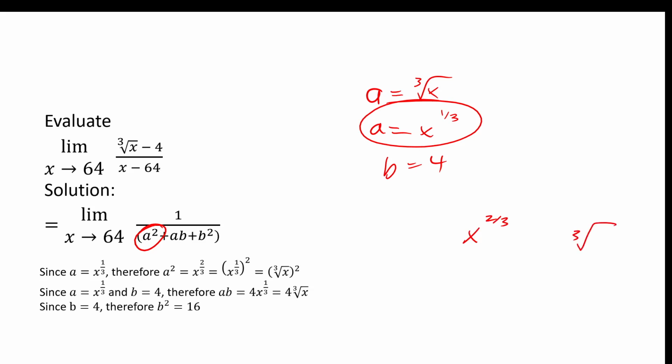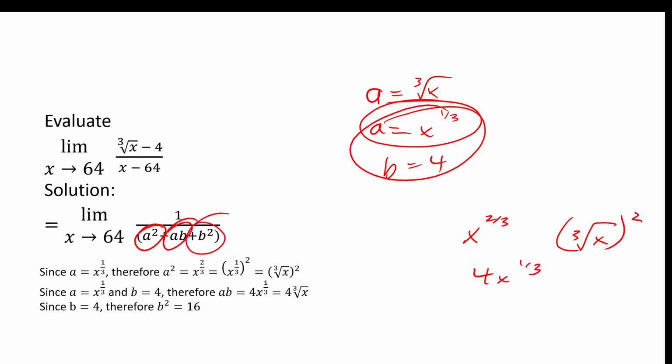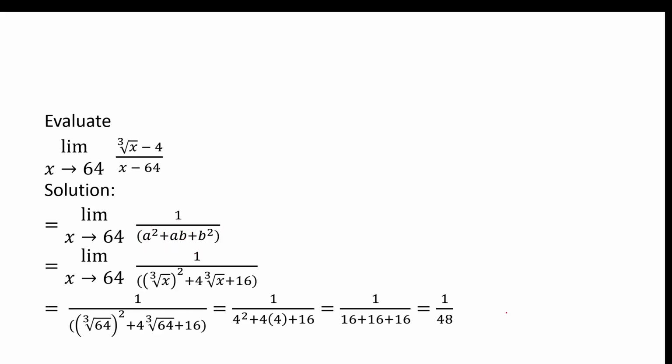Or, some people prefer to call it cube root of x quantity squared. ab, which is this middle term, that's going to be x to the 1/3 times 4. And b squared is going to be 4 squared, which is 16. Okay, so we can put all that in the denominator.